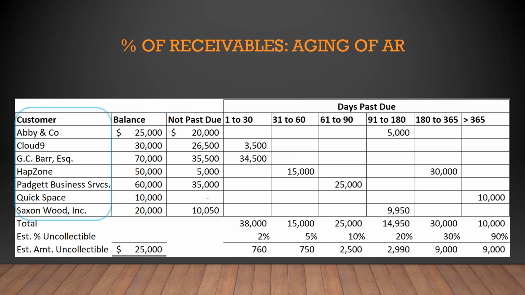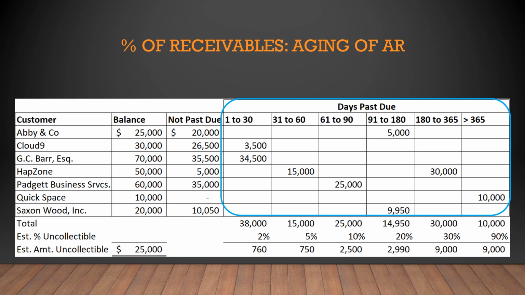On the far left, you have a list of customers. To the immediate right, you have each customer's amount owed, aka the balance in its individual AR account. The third column is the amount of each customer's AR balance that is not yet overdue. On the right half of the table, you have each customer's amount past due categorized by how long that amount is overdue.